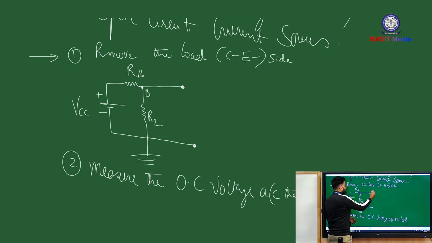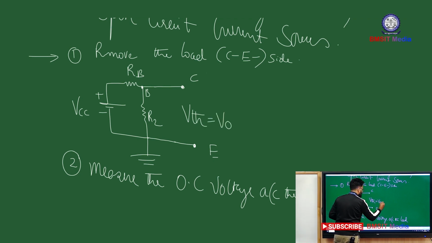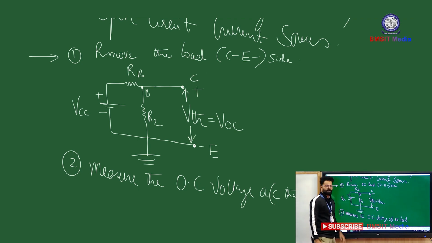The load was here between collector and emitter, which you have removed. By removing it, you have created an open circuit, and you are supposed to measure that open circuit voltage. This open circuit voltage we generally consider as VTH or VOC. TH stands for Thevenin. VTH, upper side positive, lower side negative. This is what you have to find.